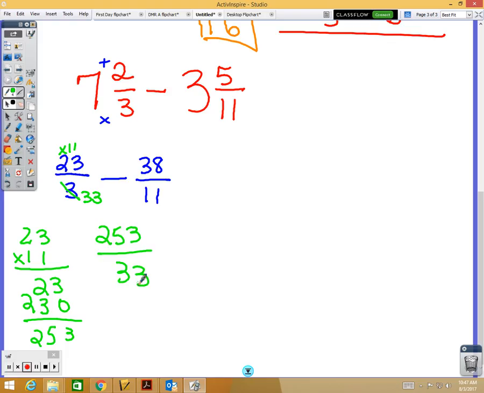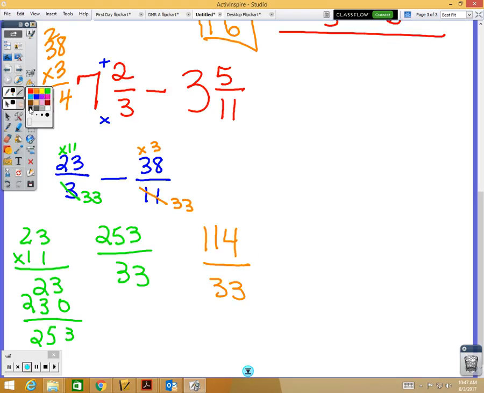So 253/33. And then let me do my other one real quick. So this is changing to 33. That means I'm multiplying by 3. So I need to do 38 times 3. Let's see, I'll do that up here. 4, 9, 114 over 33. Okay. And then this is subtraction.